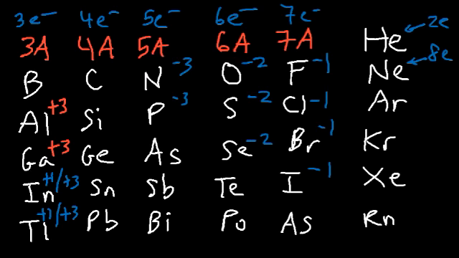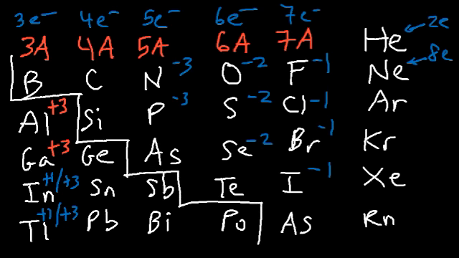Now you need to know where the metals and the nonmetals are with respect to the periodic table. If you look at a typical periodic table, you're going to see a line which goes like this. To the lower left of that line, you have metals. On the upper right side, you have nonmetals.